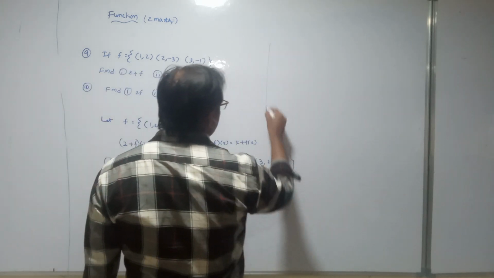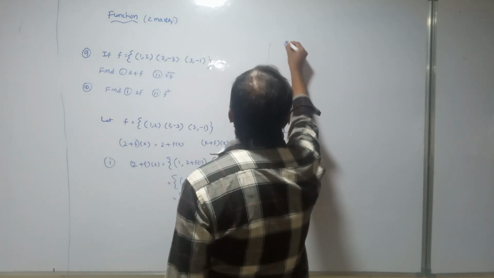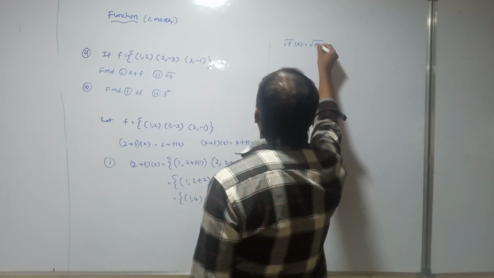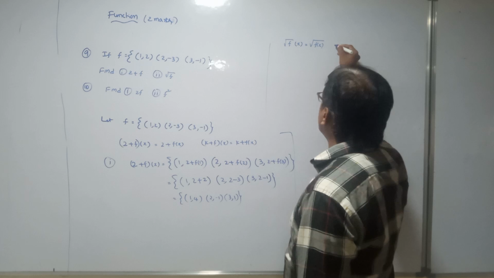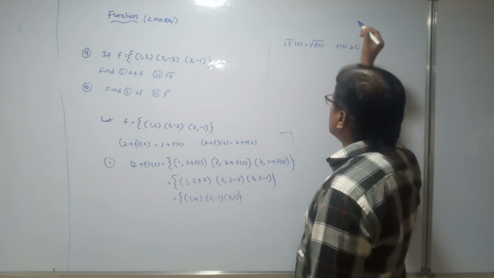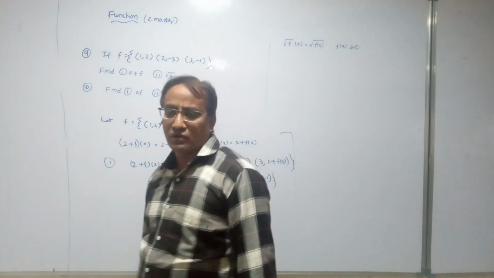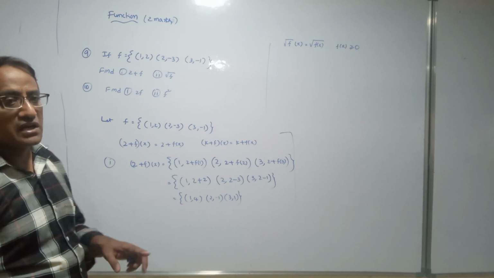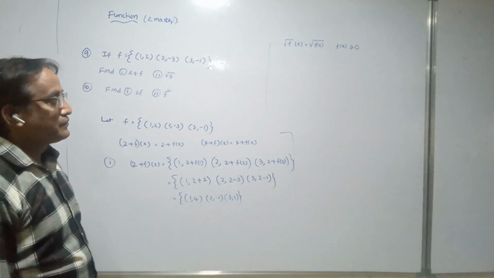And the second one is square root f. Square root f of x is defined as the square root of f of x. But here you have to remember that f of x is always greater than or equal to 0. You cannot take those f of x which are less than 0.